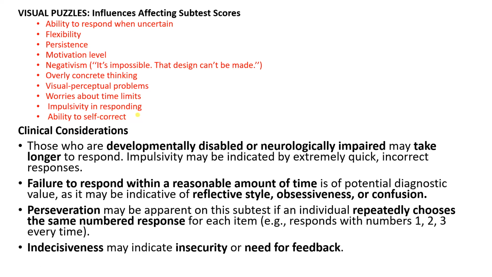Coming to the clinical considerations, generally, developmentally disabled participants or neurologically impaired participants take reasonably longer to respond compared to others. And again, impulsivity on this task may be evident by extremely quick but incorrect responses.